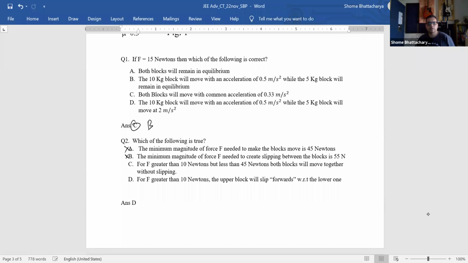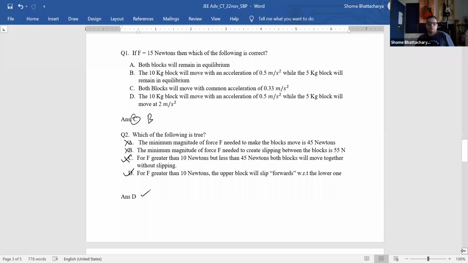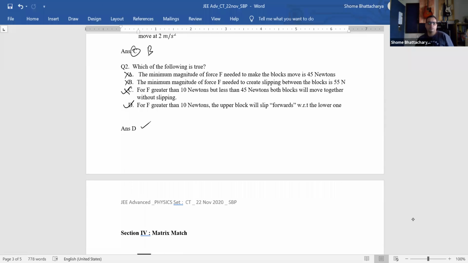This is also not correct. This is correct. Oh no, this is also not. If F is greater than 10, upper block will slip forwards. Yes. So this one is correct. Okay, so I'll get this correction incorporated, don't worry.